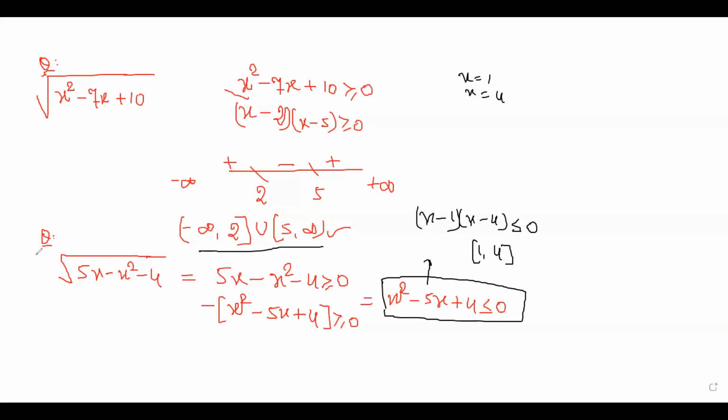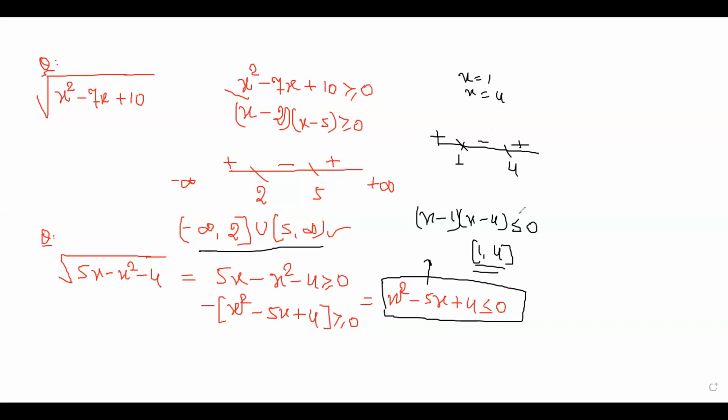Yes, sir. Now, is it minus infinity to 1, 4 to infinity for this question? No, it will be 1 to 4. How? When you write on the number line, it will be 1 to 4. This positive, this negative, this positive.